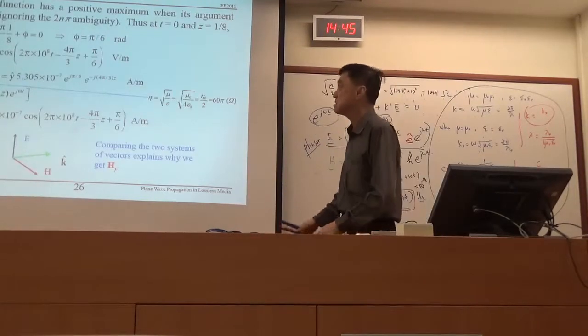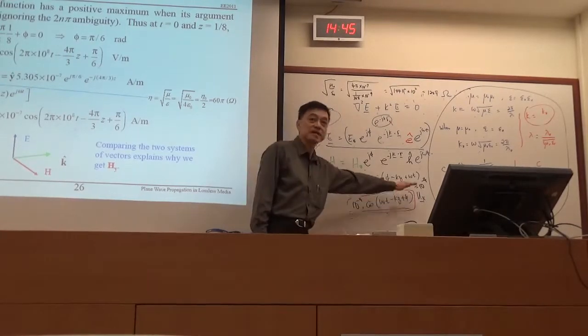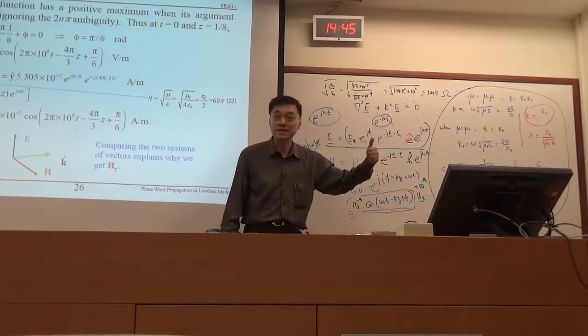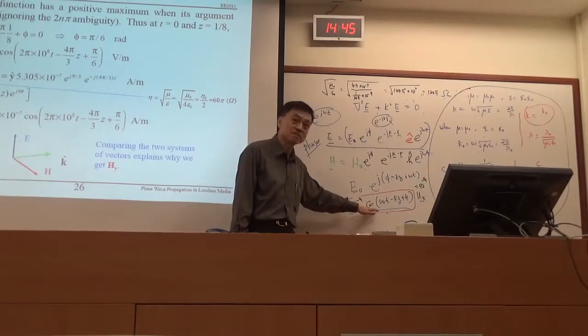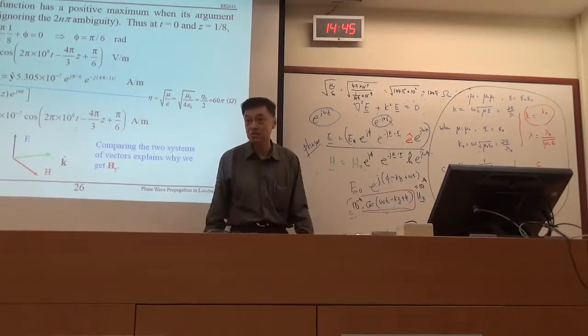We should start by saying that the maximum value of this is 10 to the power minus 4, which means the maximum value of cosine is 1, so that E naught is 10 to the power minus 4.